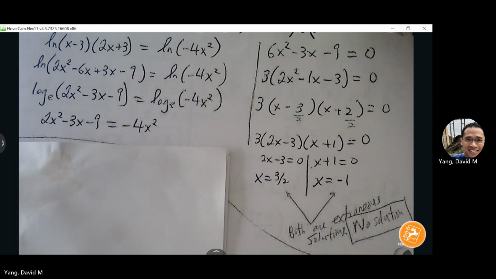Let's see. Not 9 and 6. I think you use -9. And so this reduces to be x minus 3/2. Oh, I forgot to divide it back. Okay, yeah, thank you.